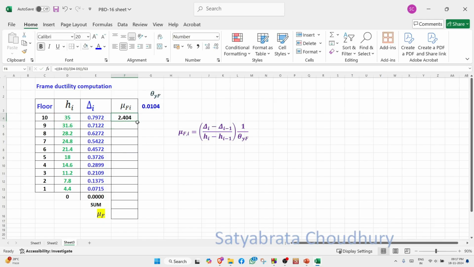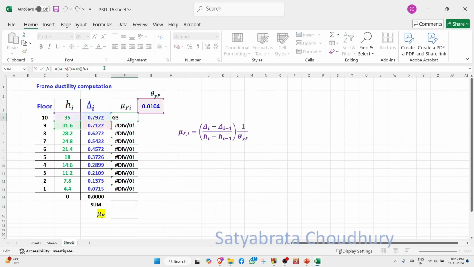So we'll drag this for the other cells. What is the problem? You did not put, I think, the dollar sign, that's why the problem. Well, that remains constant.